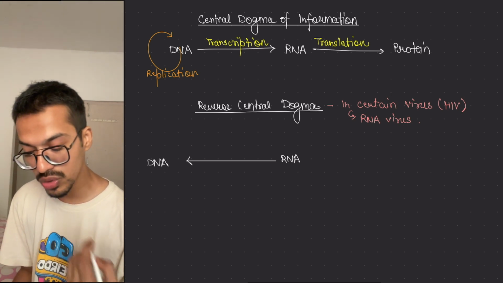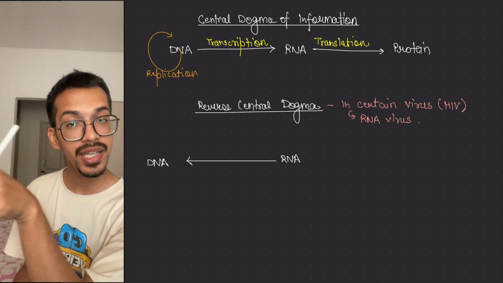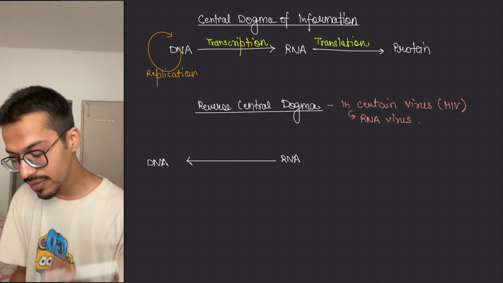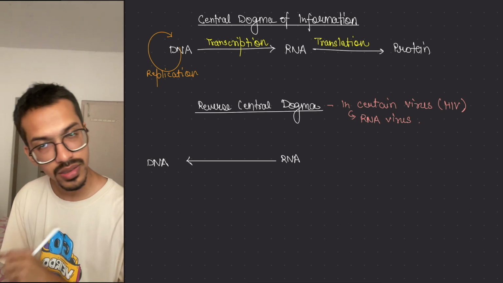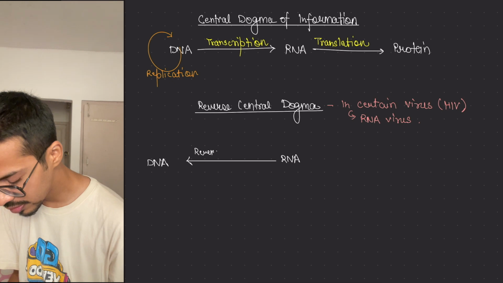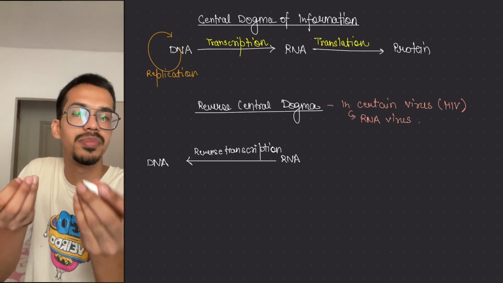The RNA in those viruses acts as the genetic material, but they will infect DNA-carrying organisms. From the RNA they will make the DNA, and this process is called reverse transcription. For this, the enzyme reverse transcriptase is present.